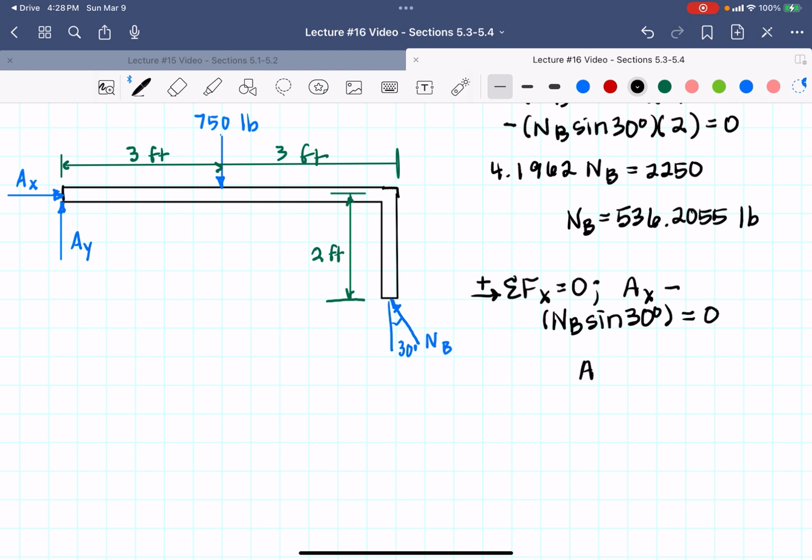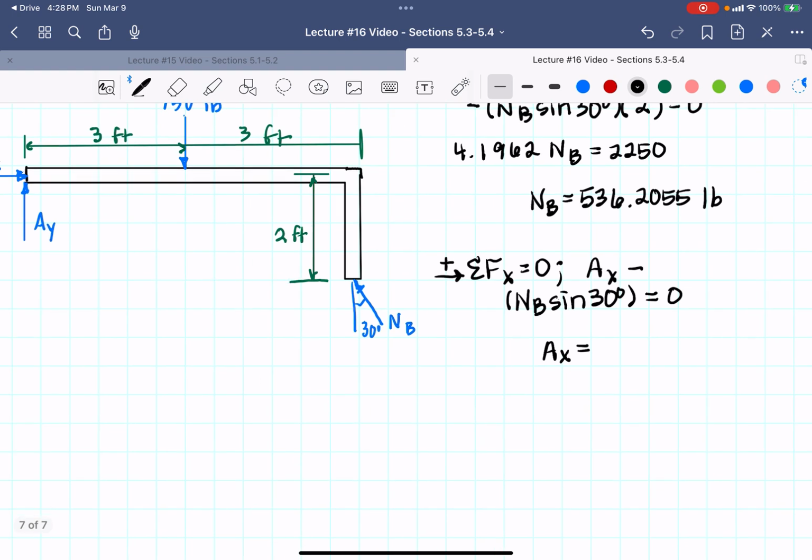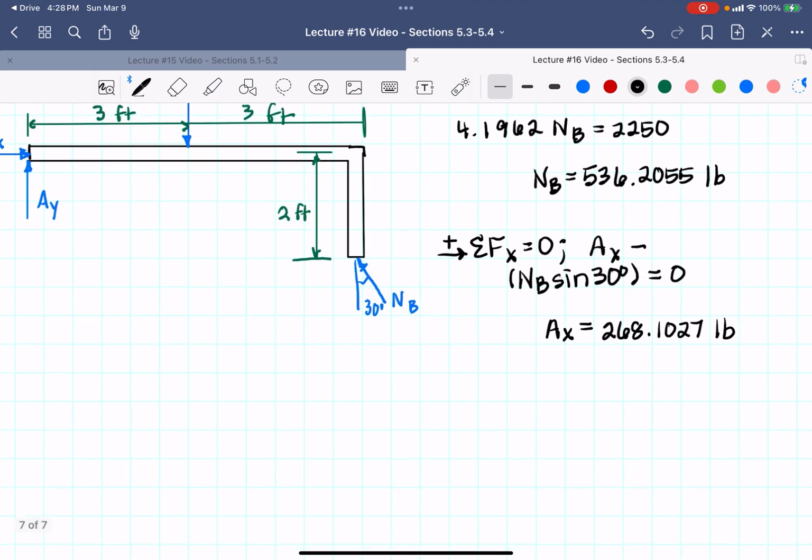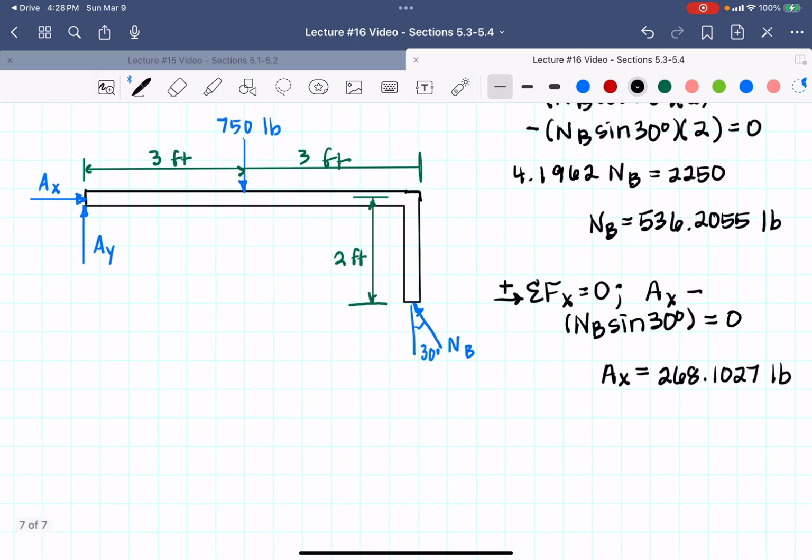So A of X equals NB times the sine of 30, 536 times the sine of 30, which gives me 268.1027 pounds. And I assumed its direction correctly because it came out as a positive answer.